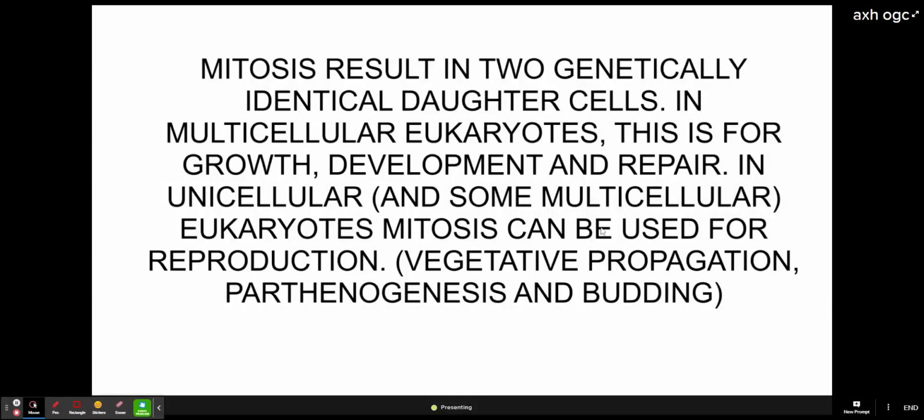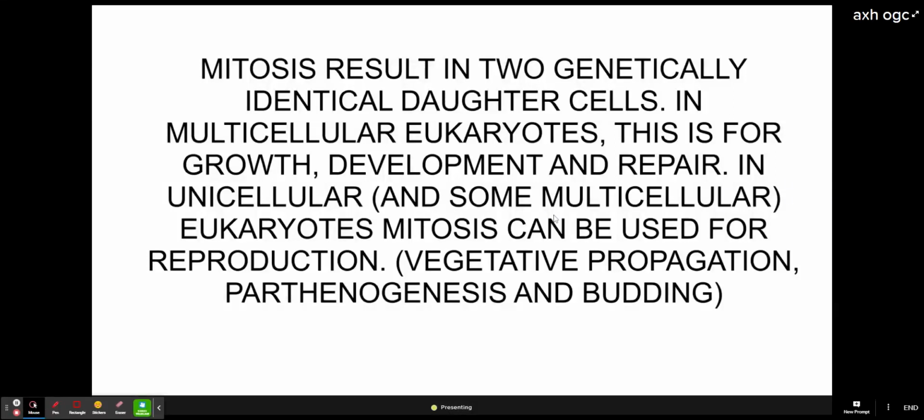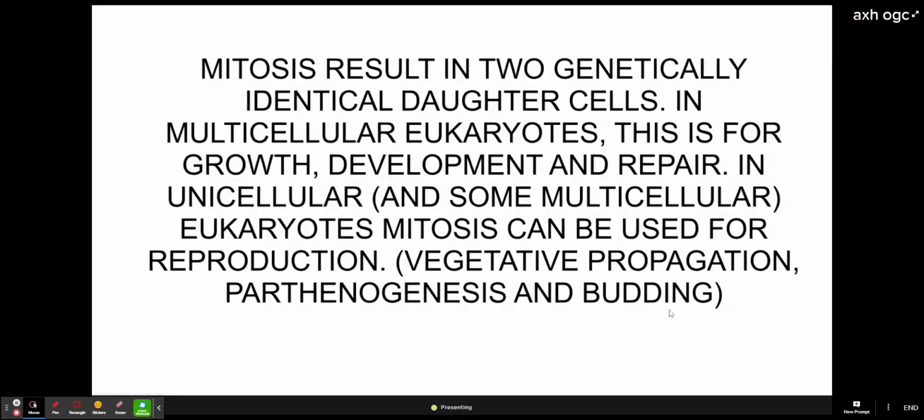Now, most eukaryotes use sexual reproduction to reproduce themselves, and mitosis for repair, replacement, growth. Some eukaryotes, though, can use mitosis for reproduction, and these are limited to a few instances. This includes vegetative propagation, parthenogenesis, and budding.